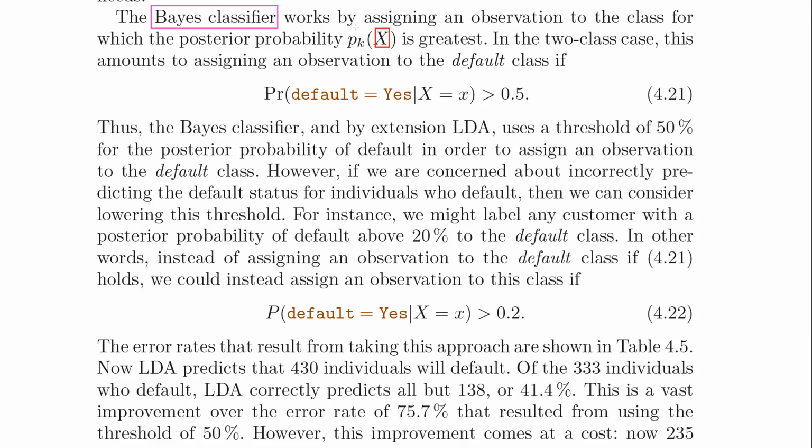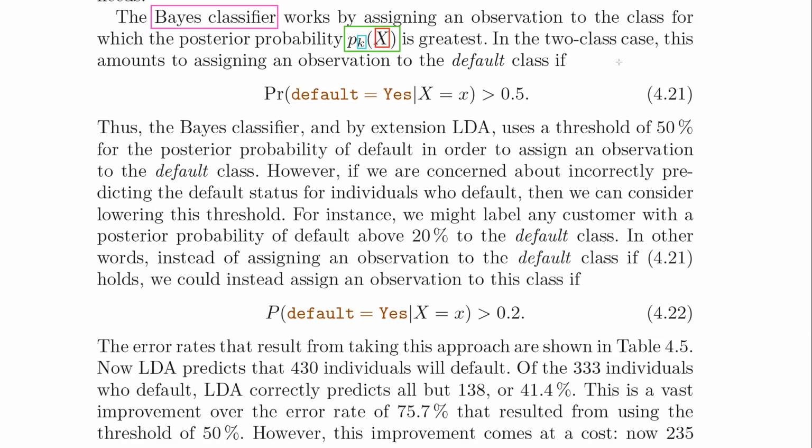And for that observation, it calculates the probability of the observation being in class k given its characteristics, so the probability of class k given X. It calculates this for every class, and the class that gives you the greatest posterior probability is the class to which we will assign the observation.